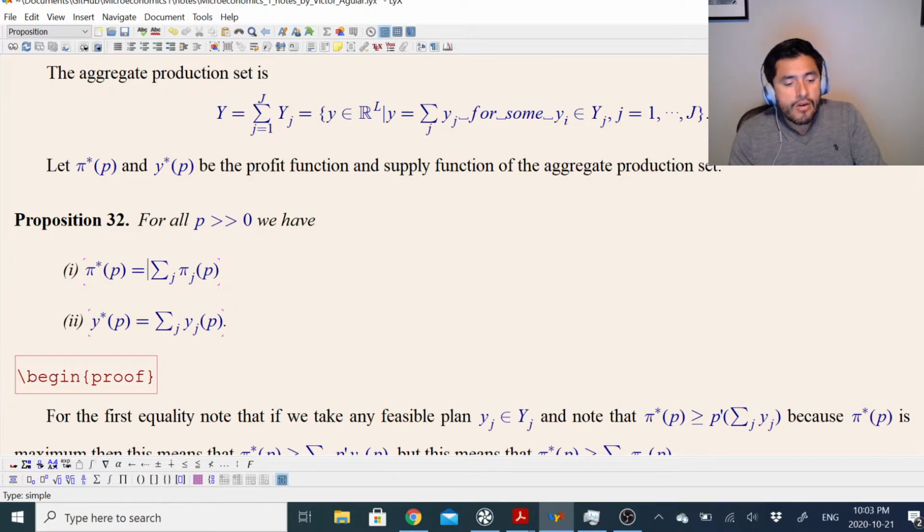And then the second part, which is actually a direct consequence of the previous one, is that the aggregate supply function, which is the maximizer of the centralized problem, is equal to the summation of the individual supplies. The individual supplies are the result of maximizing profits at the decentralized level. So this basically gives you an equivalence between the aggregate or centralized problem and the decentralized problem.